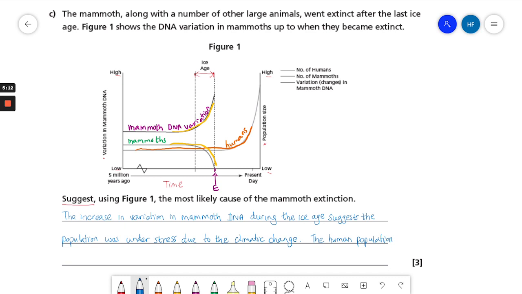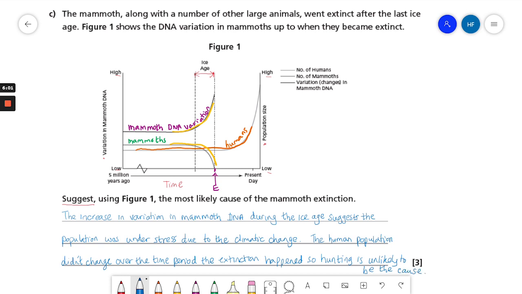So if we put the human population didn't change over the time period extinction happened, so hunting is unlikely to be, running out of space here, the cause.